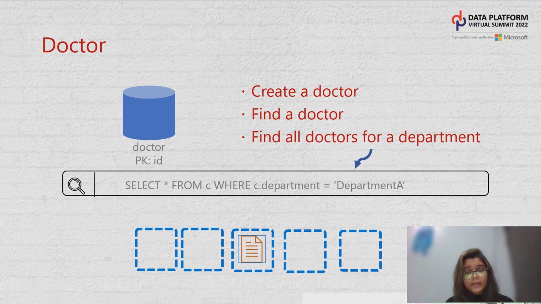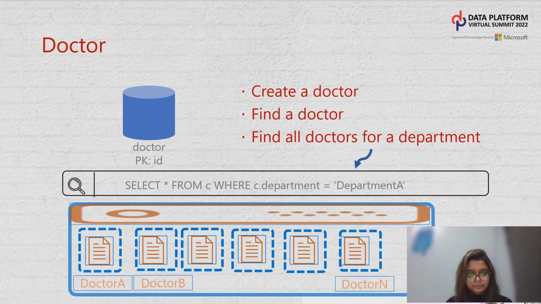And for find all doctors for a department, oh, it seems tricky, right? We would query by department, which is not our partition key. But when we look at the data, since it is small enough, it would still be within one physical partition, right?